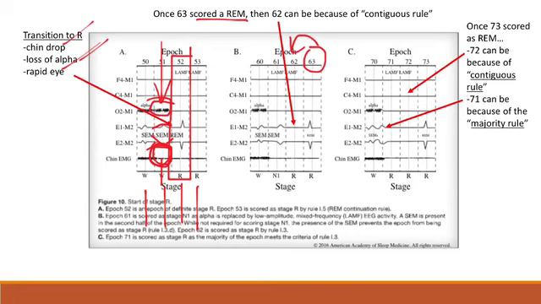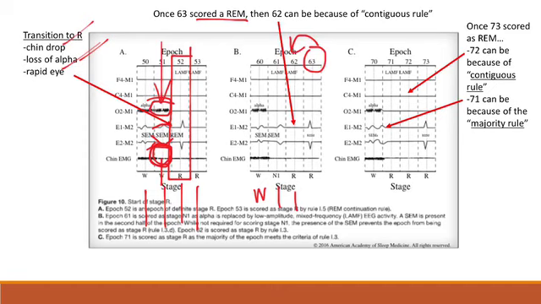So if I'm scoring along, I'm looking at this and I'm saying, well, this is wake, and then I'm looking at this one, I see slow eye movements, but my alpha goes away. I would probably call that stage 1. And then the next epoch I would probably call stage 1 because I don't see anything that would suggest it was transitioning to stage 2 or REM.